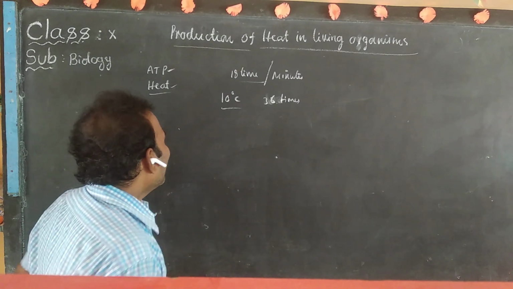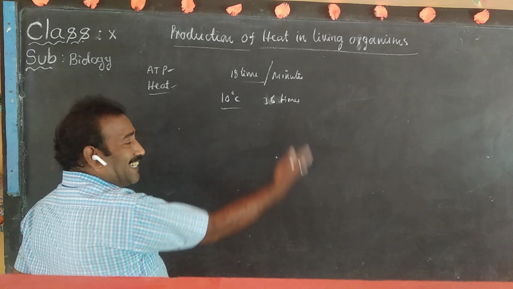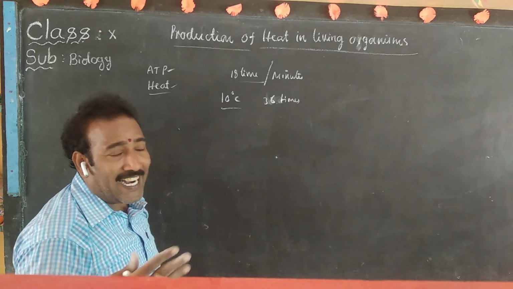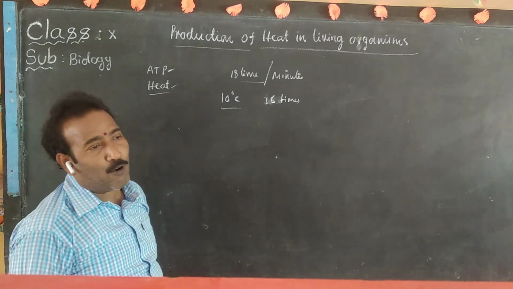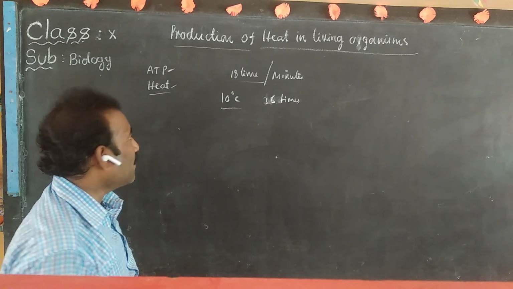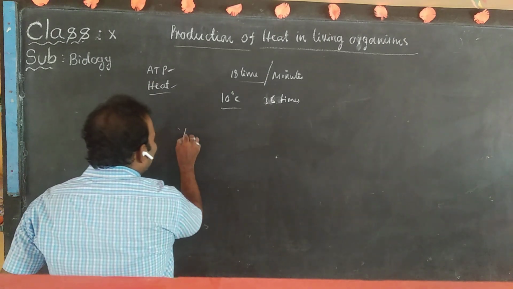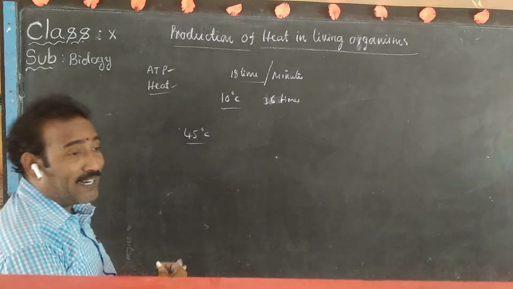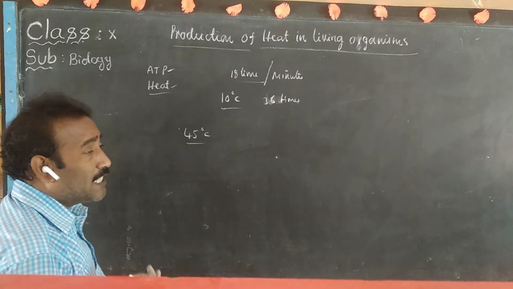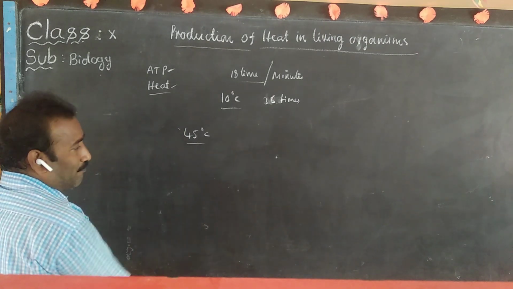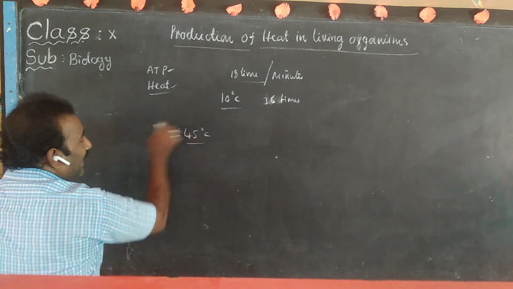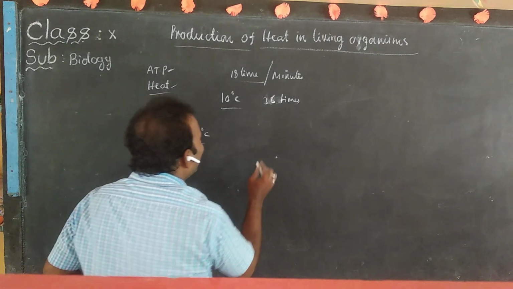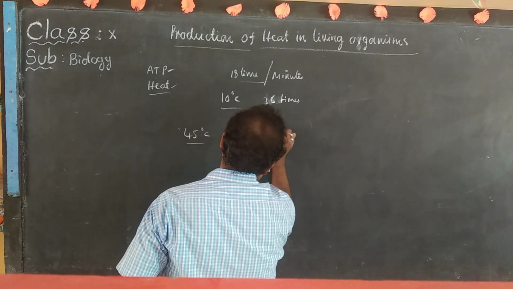That's why, as temperature increases, what will happen? The rate of all the metabolic processes increases gradually. If the temperature increases up to 45 degrees Celsius, at this temperature the rate of respiration will be maximum. That's why this temperature is called the optimum temperature.